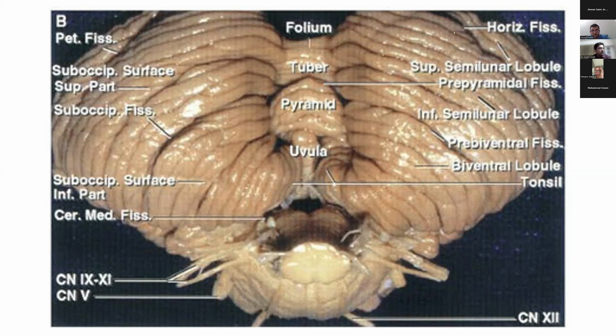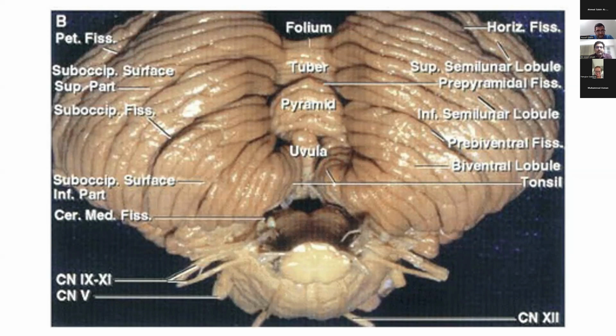Now, the most important structure on this surface is predominantly the tonsils. These are the tonsils. Now, these tonsils are sort of overhanging or blocking the entry of the fourth ventricle. They are roughly ovoid in shape, or you can say bean shaped.